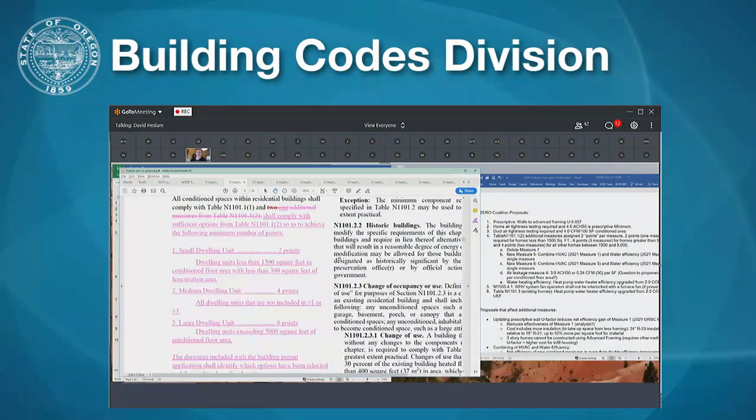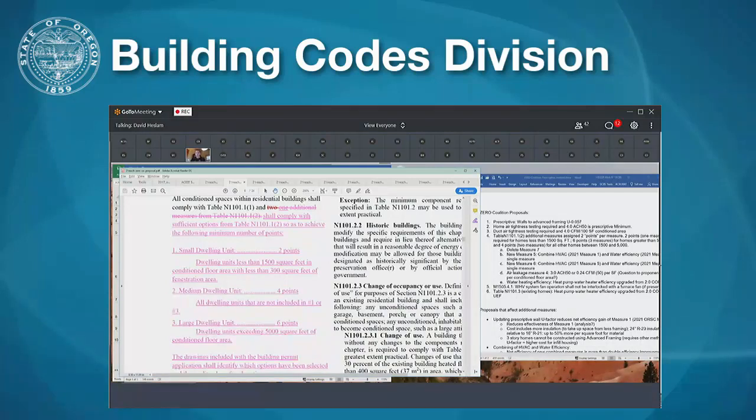But key differences on the additional measures table, we were adding the use of points or credits, whichever term people would like to use, attached to measures, really for the basic reason that it would allow size of home to be taken into account.